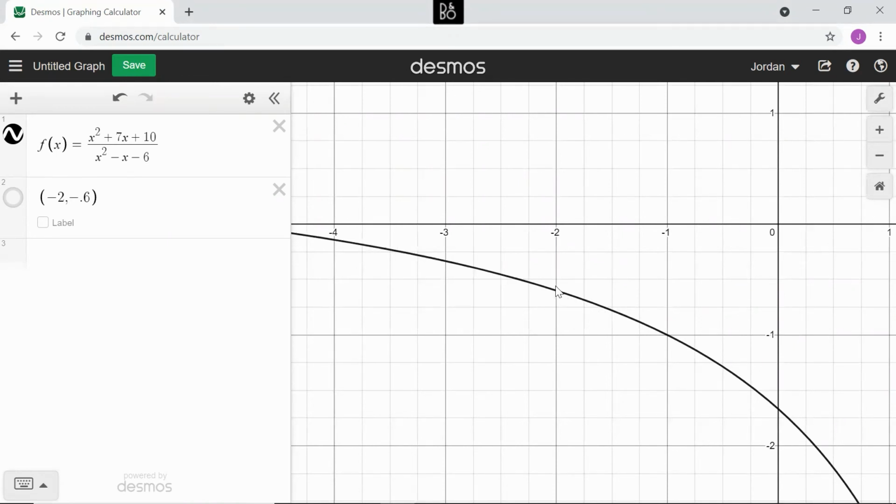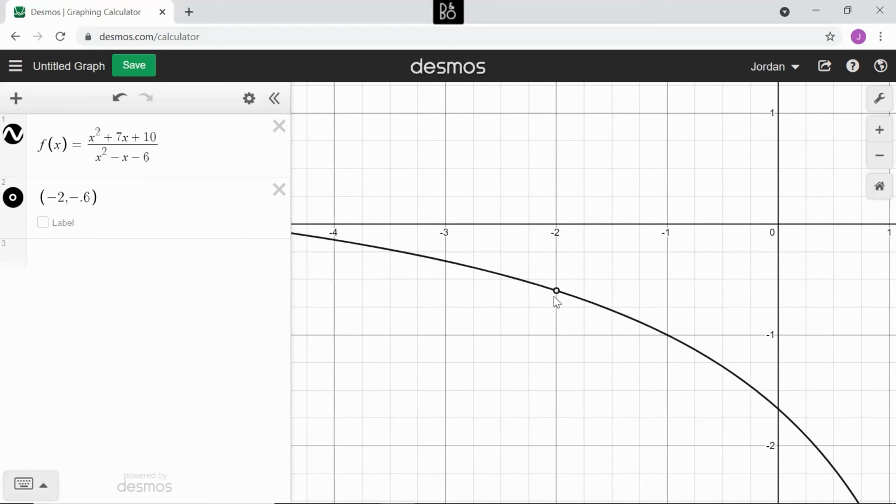But what's really happening at this negative 2, negative 0.6 point is there's actually a little hole in my function there, because the function is undefined when x is negative 2.